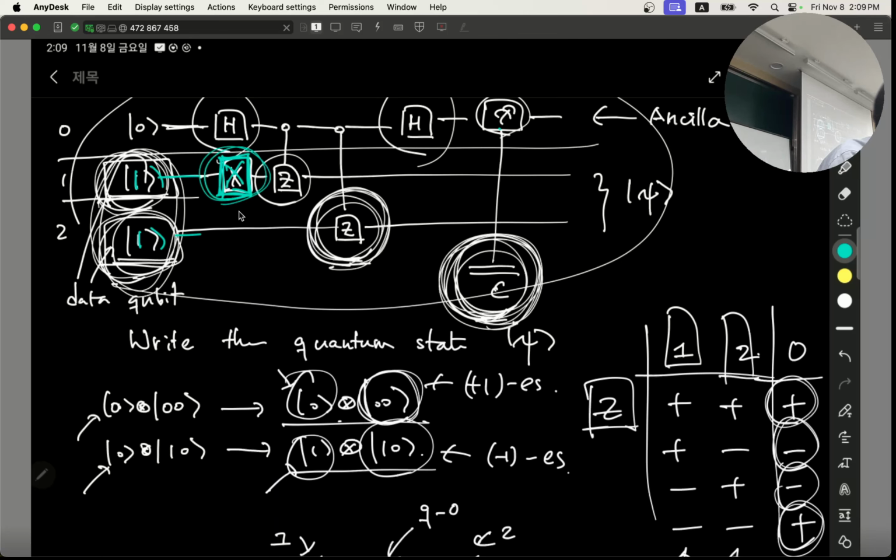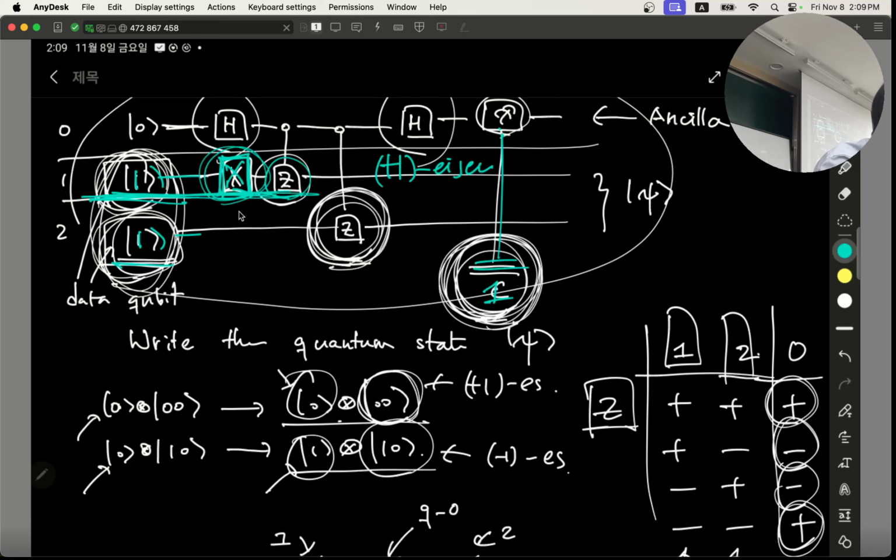But after the X error occurred, data qubit 1 is now changed to the +1 eigenstate of the Z gate. So what will be the readout? It will be 1, because qubit 1 is in the +1 eigenstate and qubit 2 is in the -1 eigenstate. So you change the readout.